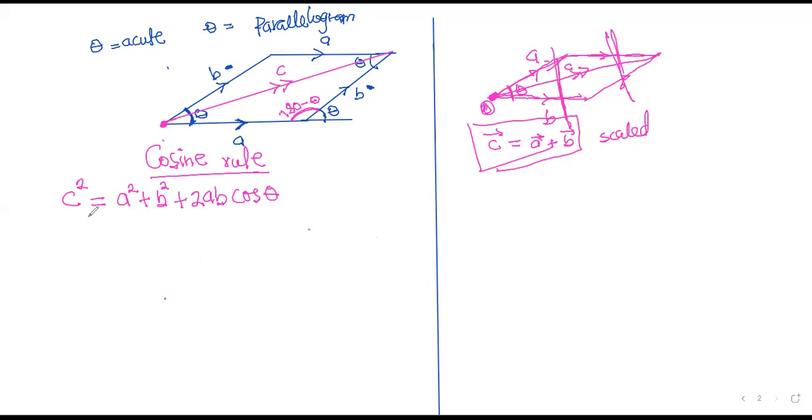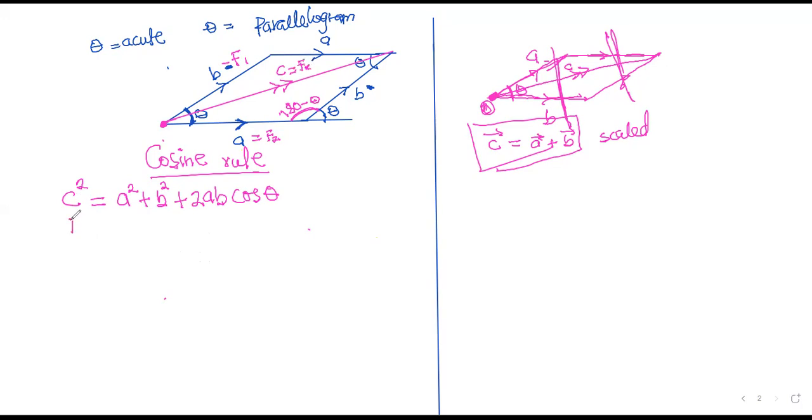Yesterday, if you recall, we used forces. So if B is equal to F1 and A is equal to F2, then we represented C by the resultant.